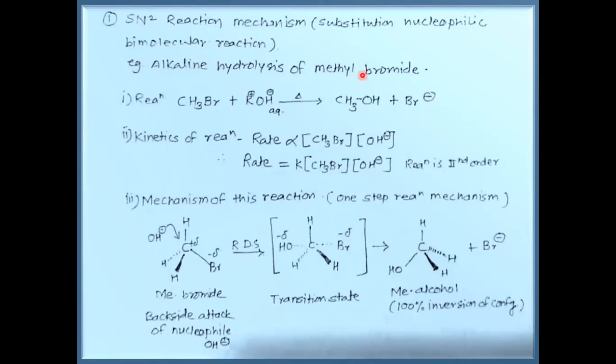This reaction is the best example of the SN2 reaction mechanism. First point, the reaction is methyl bromide plus aqueous KOH, on heating it gives the product methyl alcohol plus Br minus.